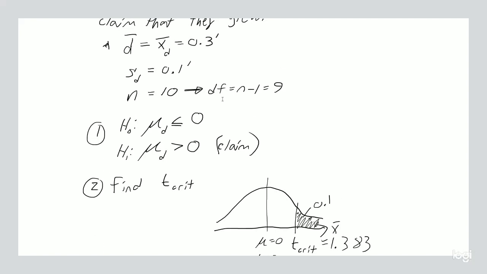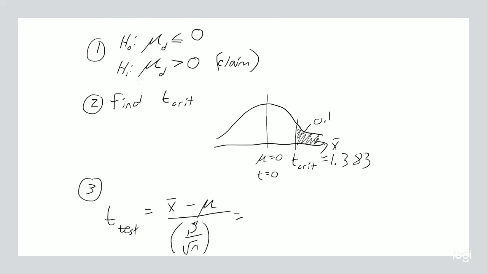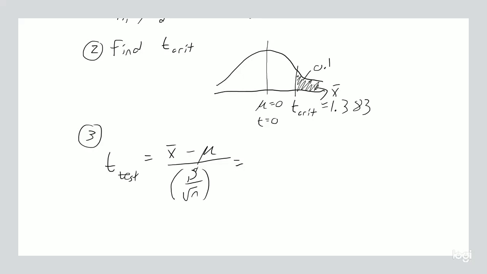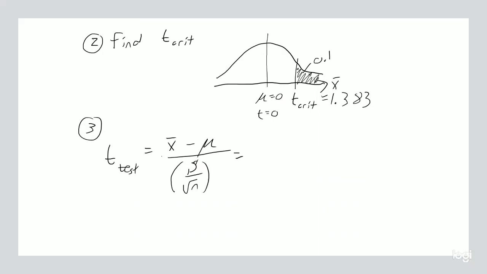Our sample mean was 0.3, and our sample standard deviation was 0.1. And remember, we're looking at the differences, right? So our sample mean of the differences, our population mean of the differences, our standard deviation of the differences.